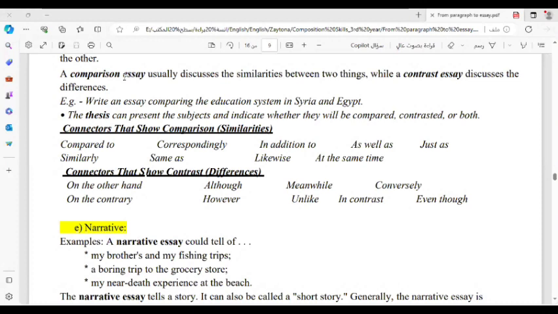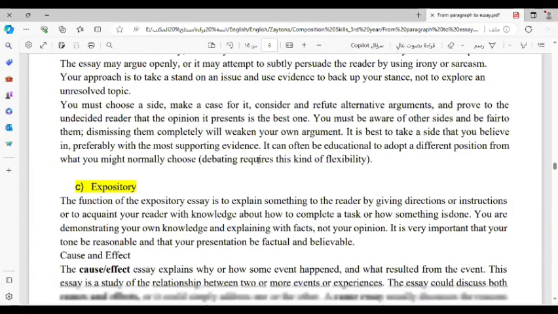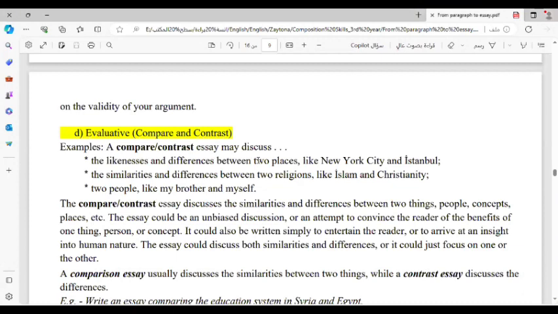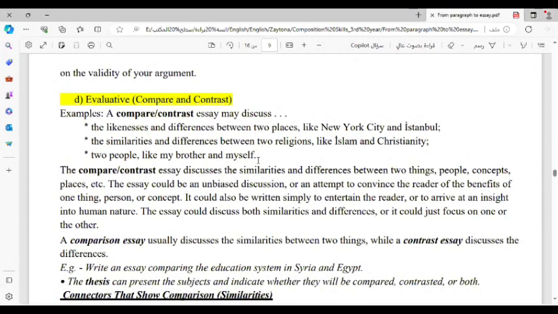Yes. Okay, great. So before the connection cut, we were talking about the third or maybe fourth type of essay, which is the compare and contrast essay.